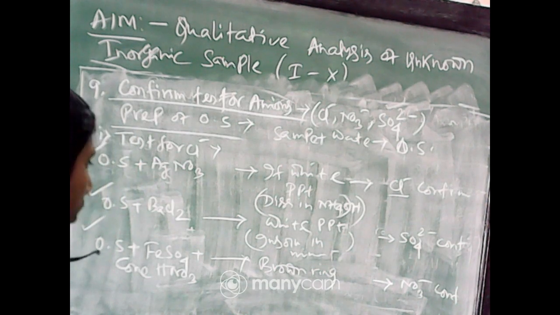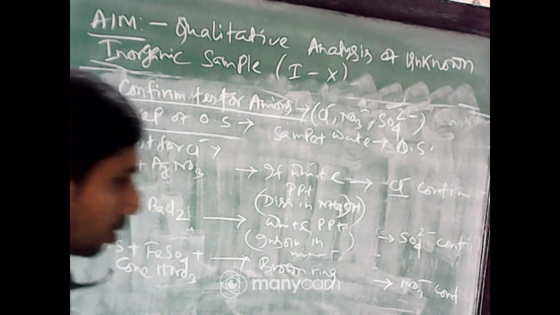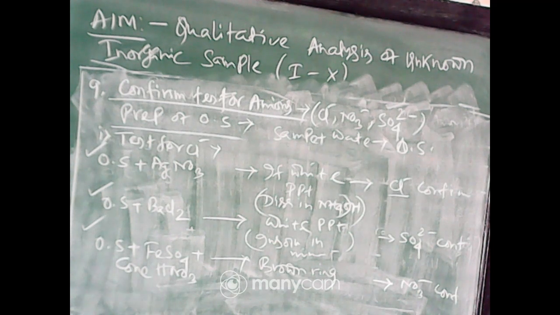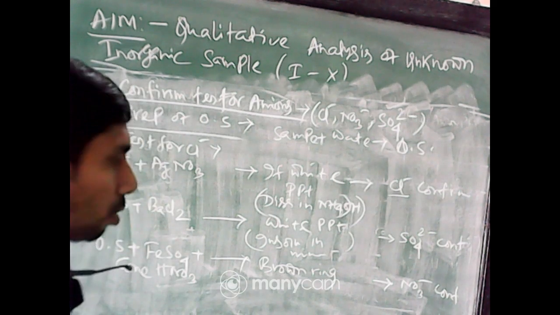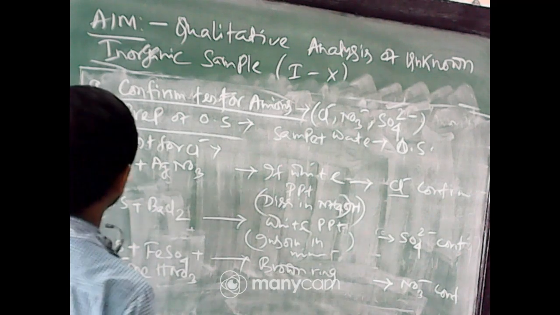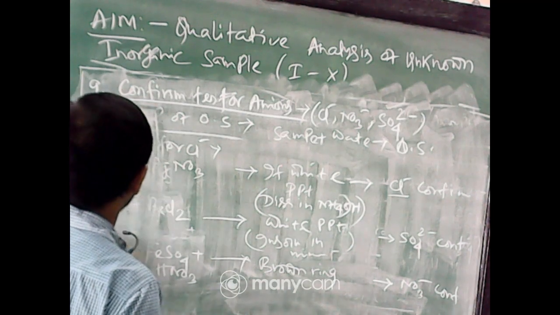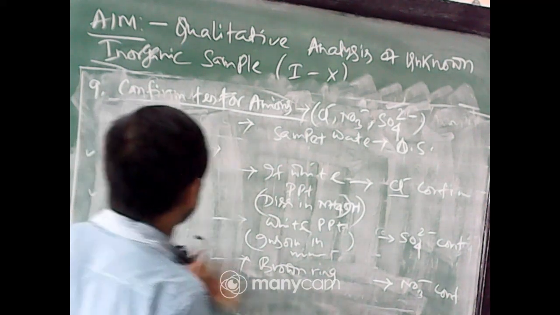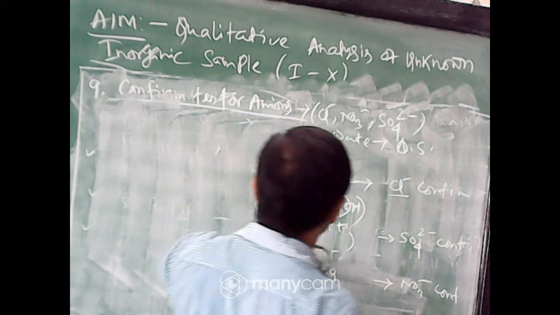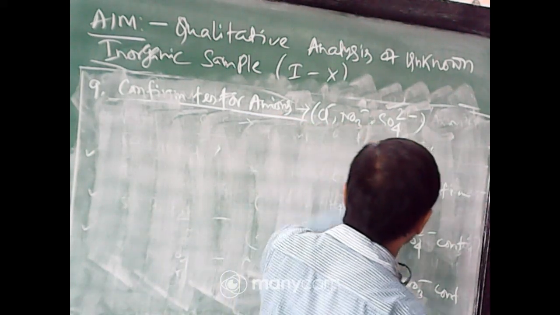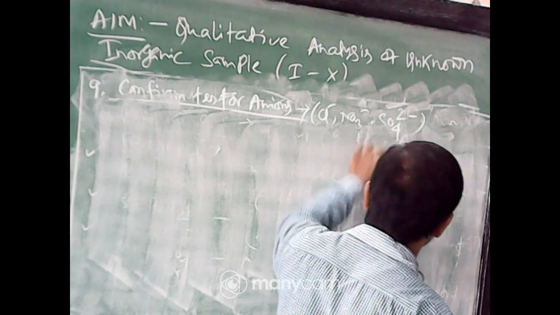Okay, up to this we have completed everything. Now we will go for experiment number 10, systematic qualitative analysis. So these three are under the wet test of basic acid radical.